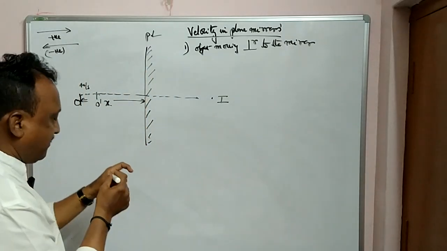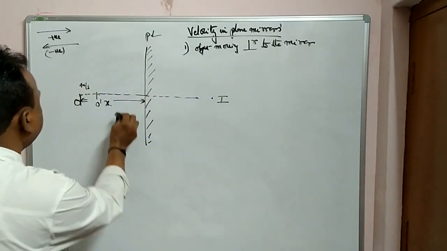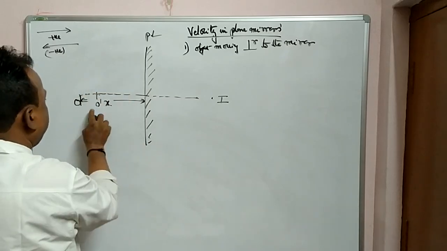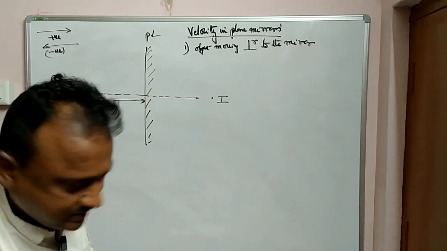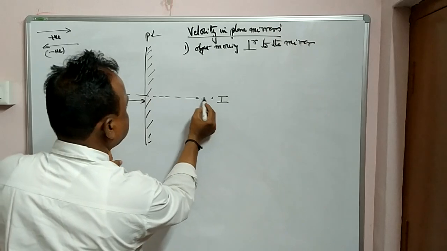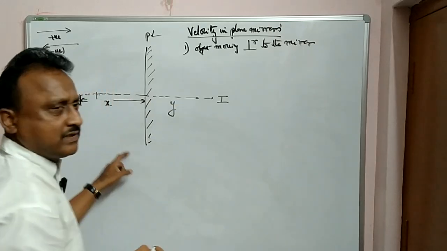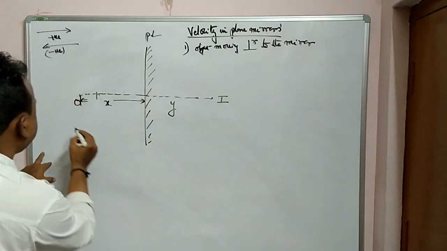Let us take a small example. Let the object be at a distance x initially and let the image be at a distance y. So in plane mirror what did I say, x is equal to y.